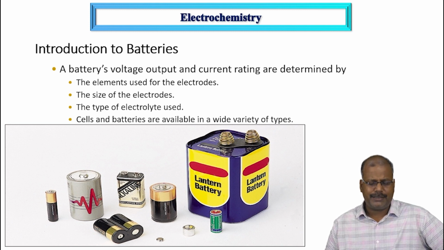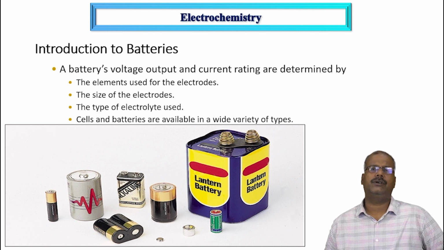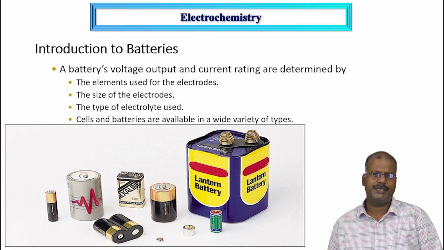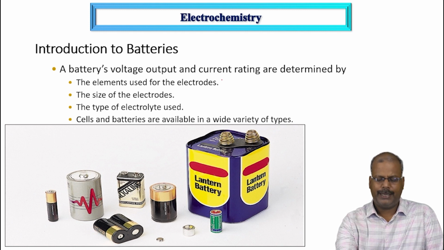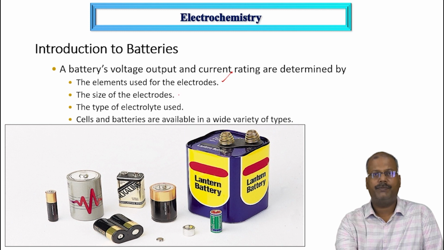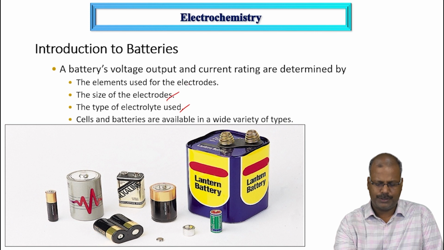Normally you have different batteries available, even in primary we have different batteries available. A battery's voltage output and current rating are determined by the elements used for the electrodes, the size of the electrodes, and the type of electrolyte used.